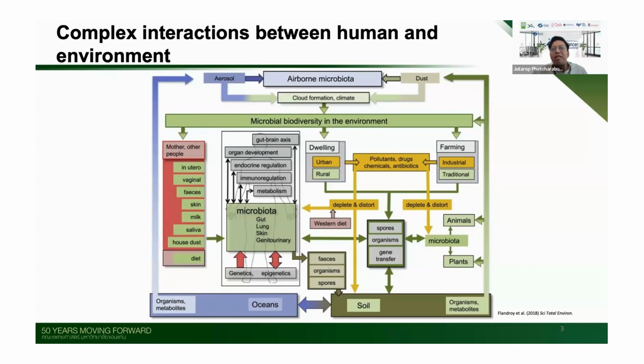But the human body is not just itself, right? We need to interact, or somehow we don't have a choice not to interact, with the environment. In the environment, we've got airborne microbiota, which could come with aerosol or dust, for example.